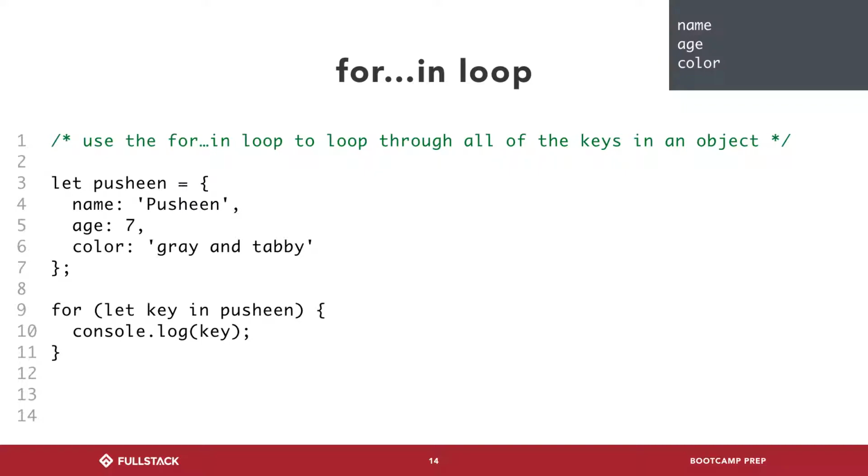Secondly, don't make any assumptions about the order in which the keys come out, right? So here we have a push, right? We have name, age, and color. And in fact, if we console log out key, we will get name, age, and color. But don't make assumptions that it will come out as name, age, and color every single time. Two reasons.